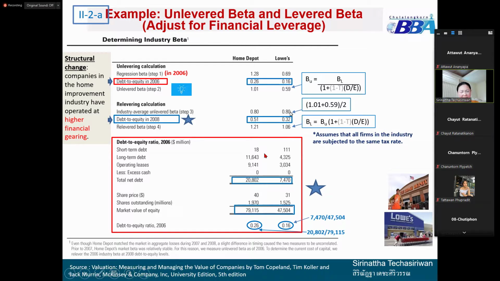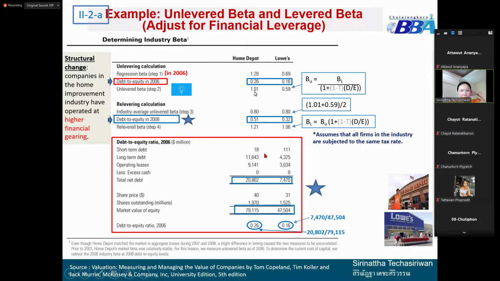The reason is that there is a large difference between the two numbers. It means that in terms of business risk or operating risk, these two companies can be different, so they might not be comparable or very similar.